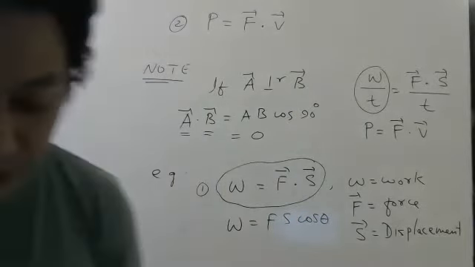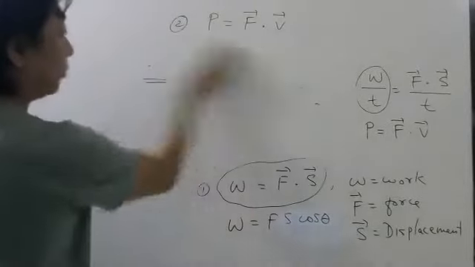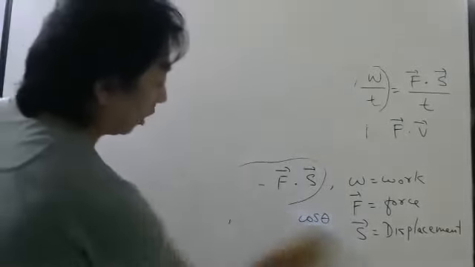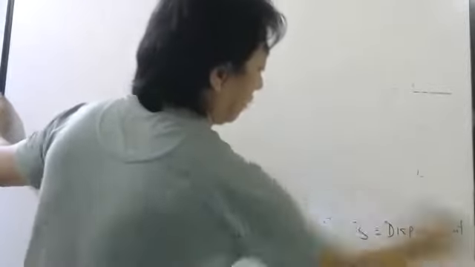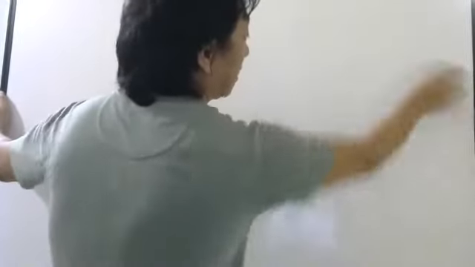So this is a very, very important property of dot product. If two vectors are perpendicular, dot product will be 0, or if the dot product of two vectors is 0, then you can say they must be perpendicular.